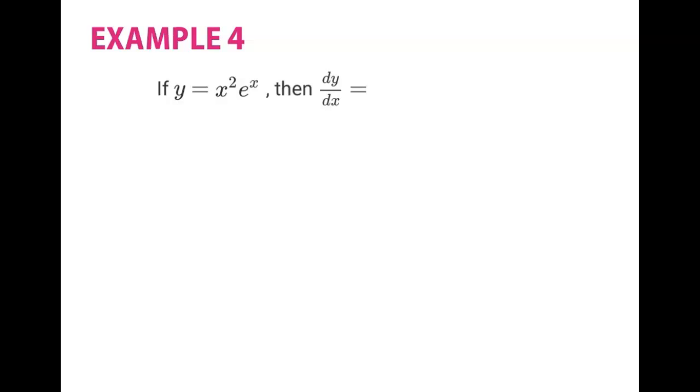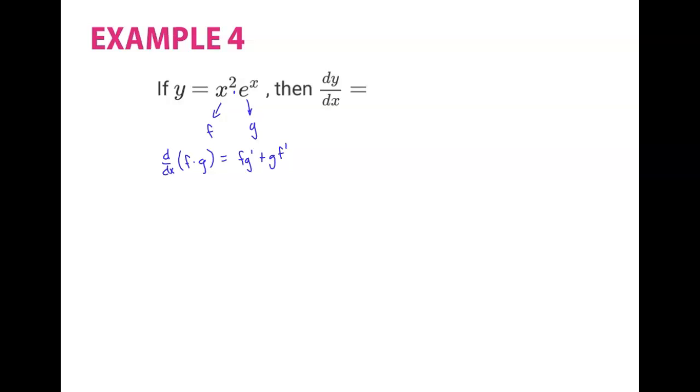That's it. We'll note that this is a product, so we're going to have to use the product rule, right? So remember what the product rule is. If I think of x squared as f and e to the x as g, then remember that the derivative of f times g is fg prime plus gf prime.